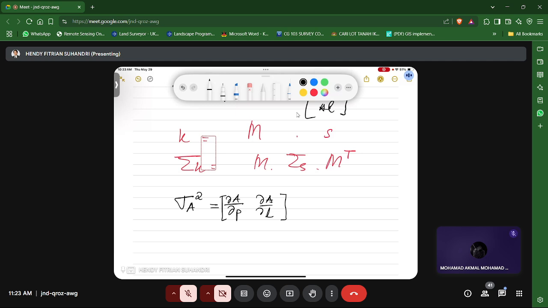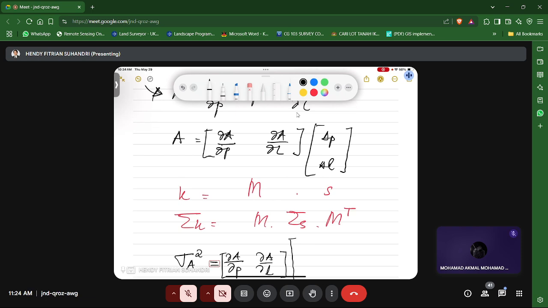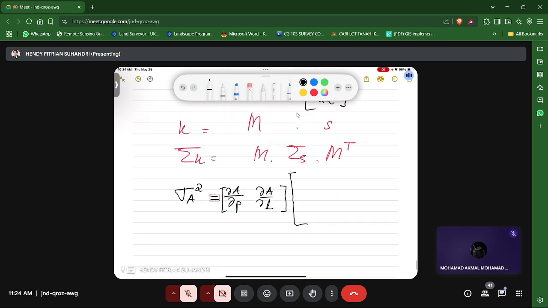And sigma S would be simply, I have delta P and delta L, so now I can change, because it's sigma, sigma P square, sigma L square, and sigma PL as the covariance component.